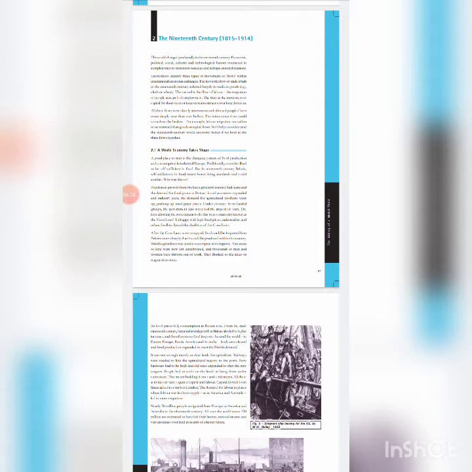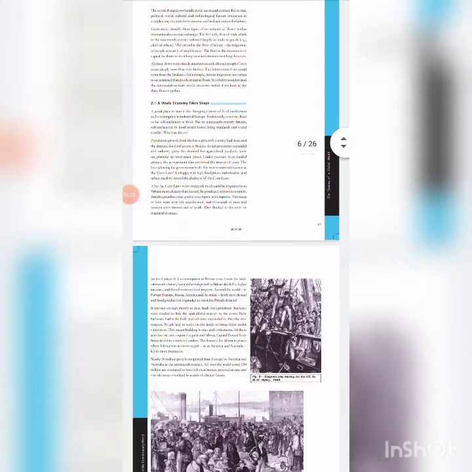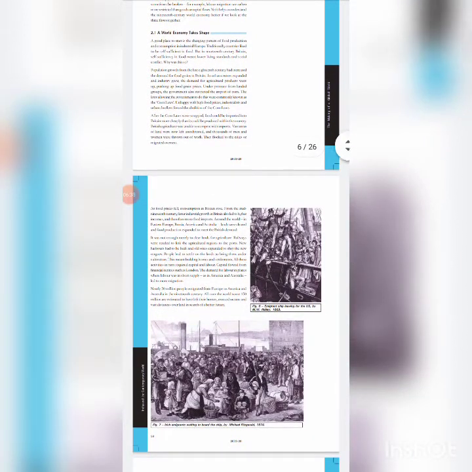Now the world economy takes shape. In the 19th century, self-sufficiency in food meant lower living standard and social conflict in Britain. It happened because of population growth from the late 18th century.